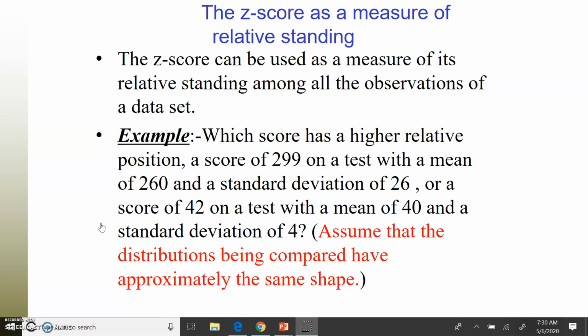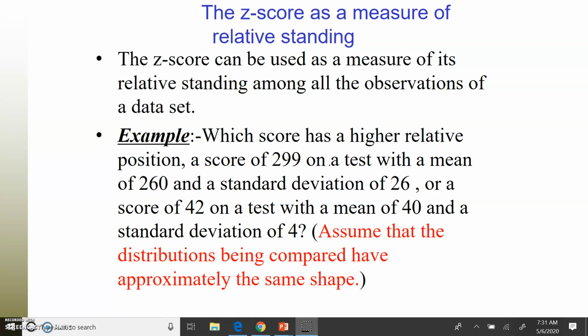Okay, the z-score also can be useful in determining relative standing. The z-score can be used as a measure of its relative standing among all the observations of a data set. In order to understand this concept, let's see an example. Which score has a higher relative position?